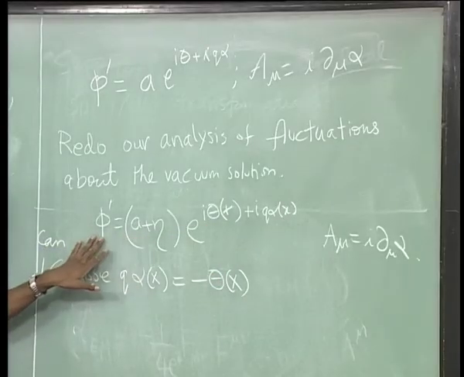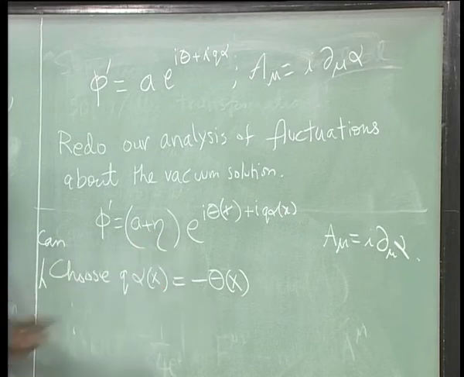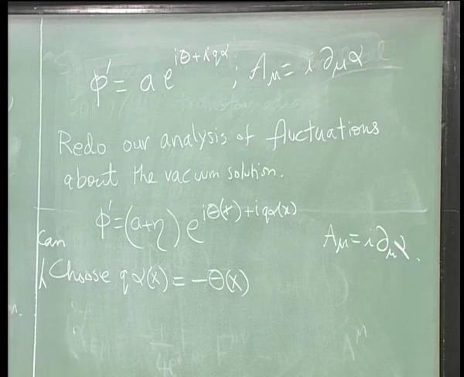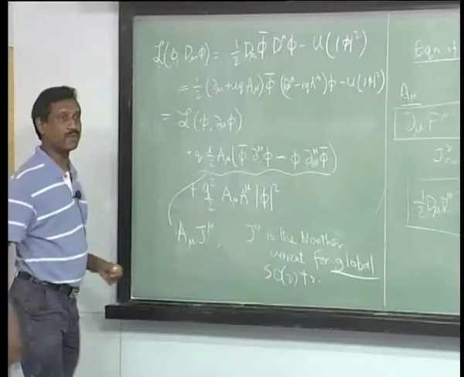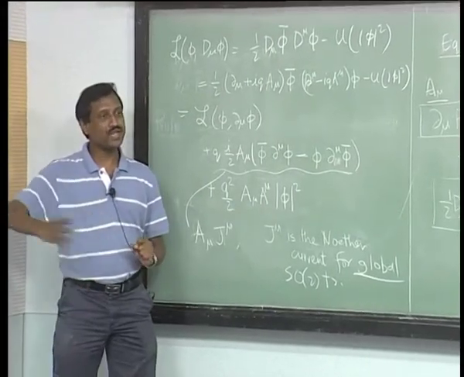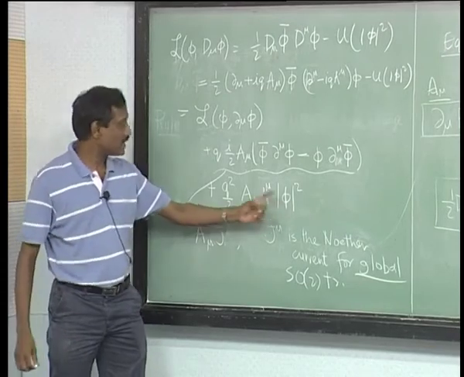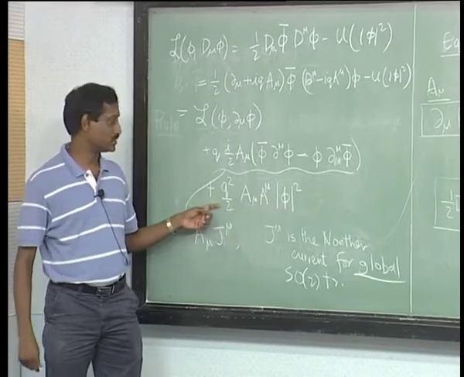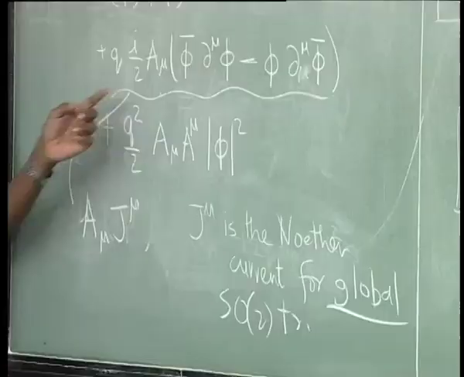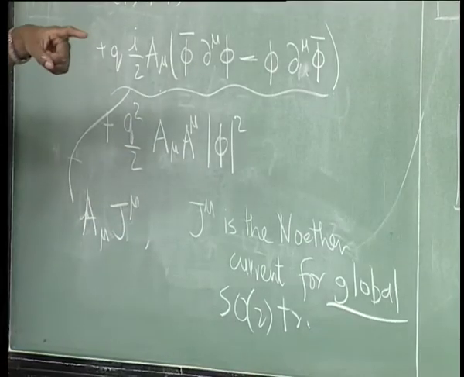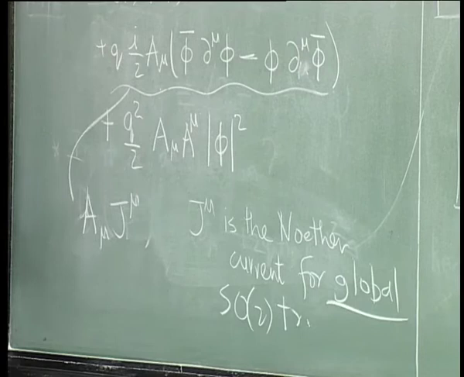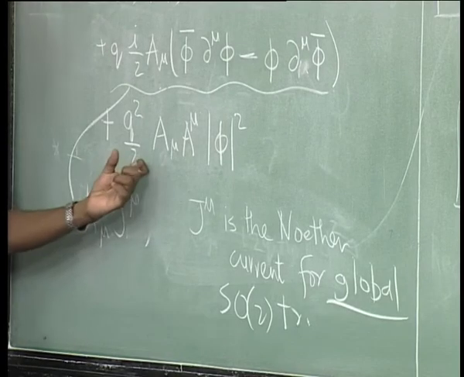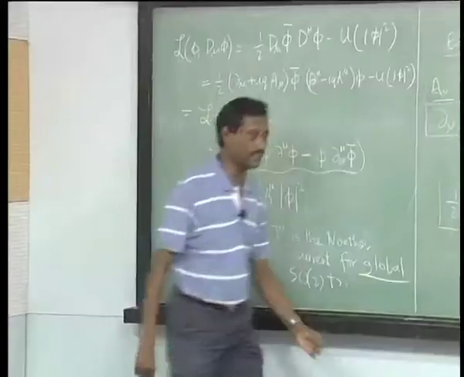So, when I look at phi prime, I just have the eta fluctuation, which is one real scalar, that was the radial fluctuation. Now coming back to this kind of term, this just becomes a plus eta square, and now you can expand it out and you get an a square a mu term. So, you find that you get a mass term in the presence of spontaneous symmetry breaking. Now, it is more precise than what I just said in words, you get a mass and you know what the mass is.